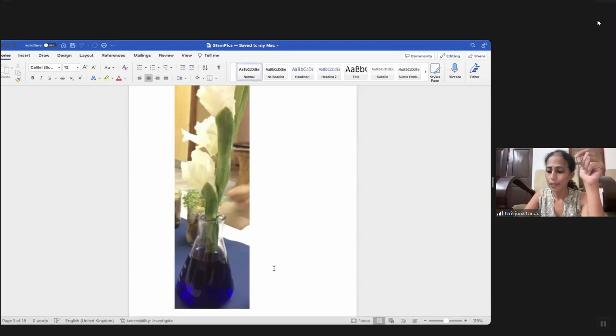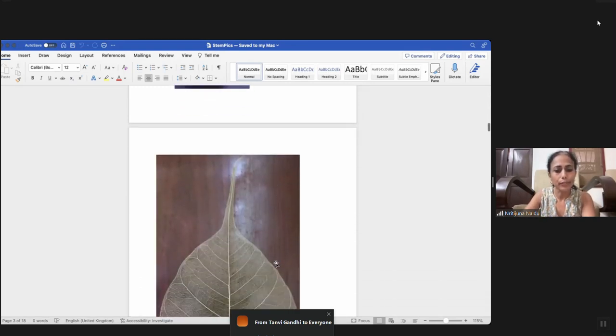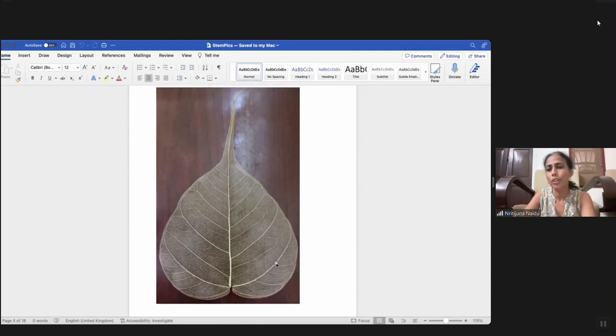Water, food coloring. You need the chart, the leaf as a food factory chart. Then a skeletonized leaf like this. This also is something that you can do at home.